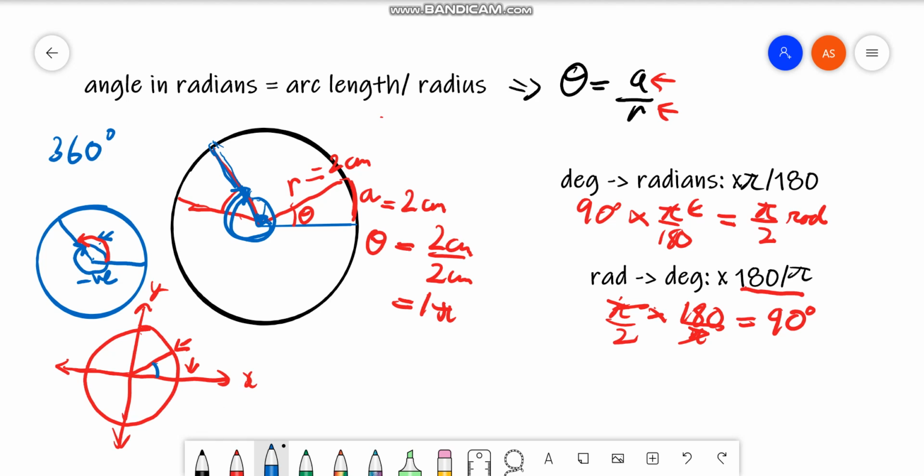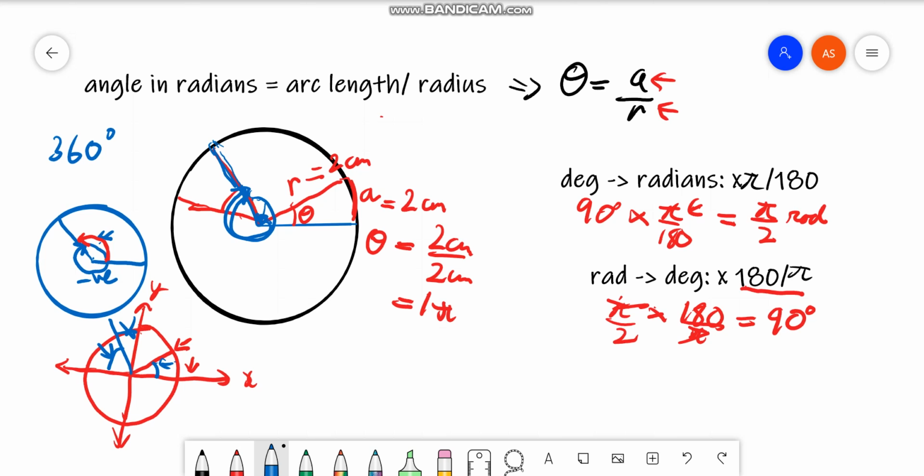So this would be the reference angle over here, and over here, this would be the reference angle. Not this, because you need to measure from the x-axis.